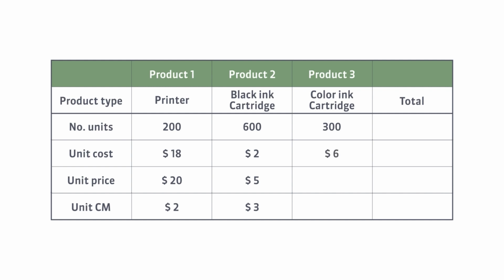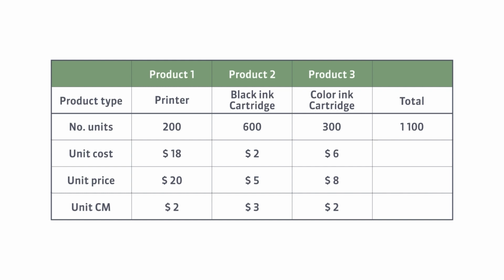The unit cost of one color ink cartridge is $6. The company sells it for $8. This time, the contribution margin is $2. If we add up the number of all products sold, we get the total sales of 1,100 units.